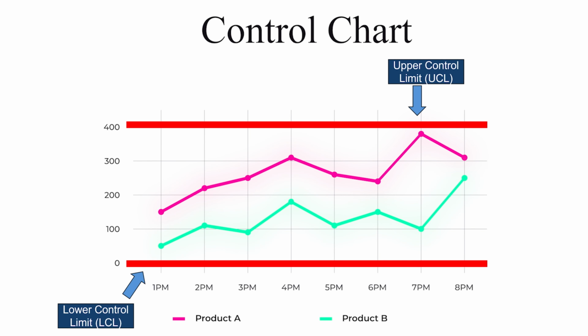It has an upper control limit and it has a lower control limit. And as long as data is plotting within those limits, it's telling you that you're producing a product that is on par with your quality standard. Once you get close to that upper control limit or that lower control limit, it alerts you beforehand to say, hey, you're about to produce a product that is not going to be up to your quality standard.